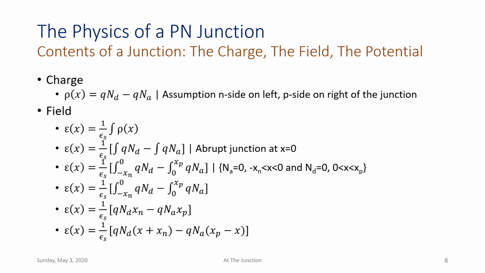Let us look at these contents of a junction in a bit more detail. So rho of x, which is the charge density, equals Q N sub D minus Q N sub A. This is assuming that the n side is on the left and the p side is on the right of the junction. And the integral of the charge density divided by the permittivity of the semiconductor is the electric field.